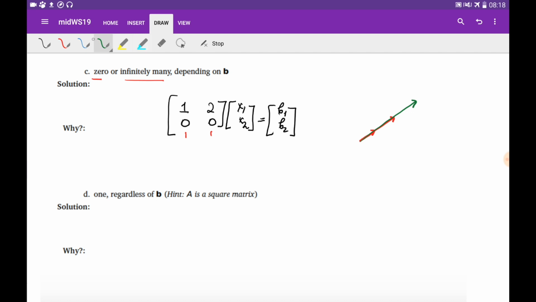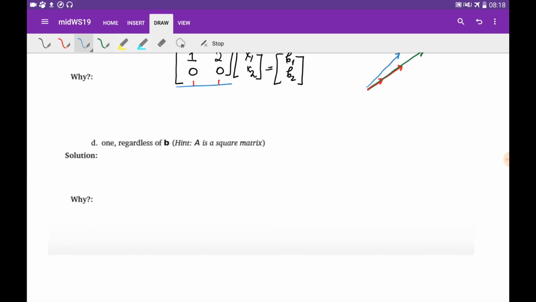But if this vector B is outside this line, then you cannot obtain this blue vector as a combination of these two red vectors. Never, right? So if the B is outside this line, then the system has zero solution. If the vector B is on this line, then the system has infinitely many solutions. So this is an example of the A when the system has either zero or infinitely many solutions.